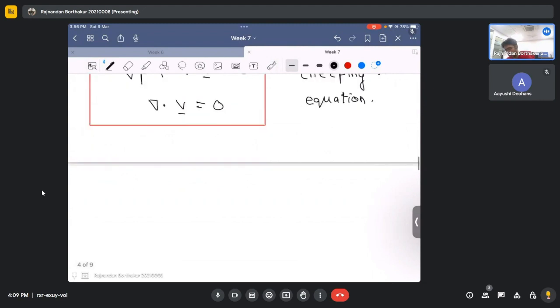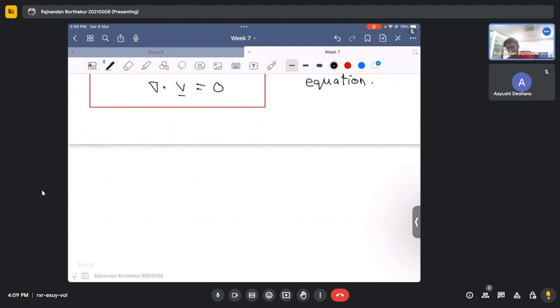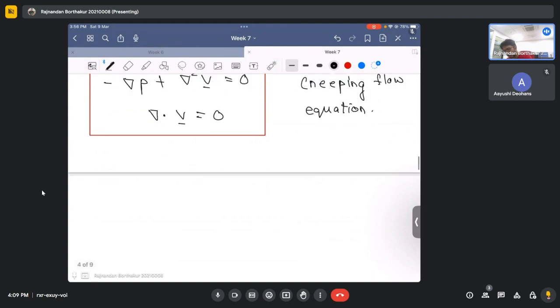So one important consequence of these creeping flow equations is that they are linear, and this is very important. Because of this linearity, we can directly infer certain things which would otherwise be impossible if we had the inertia term in the Navier-Stokes equation.